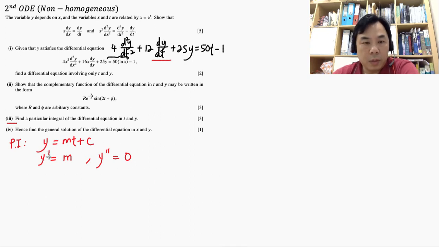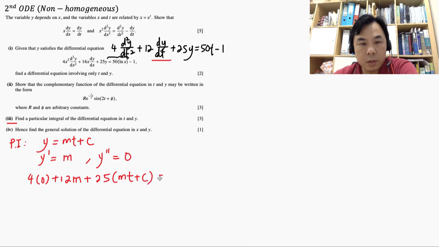Now by substituting all these derivatives into this equation, we will be able to obtain the unknowns m and c. So from this equation here, we have 4 times 0, the dy/dt is m, and then 25 mt plus 25c is equal to 50t minus 1 here.